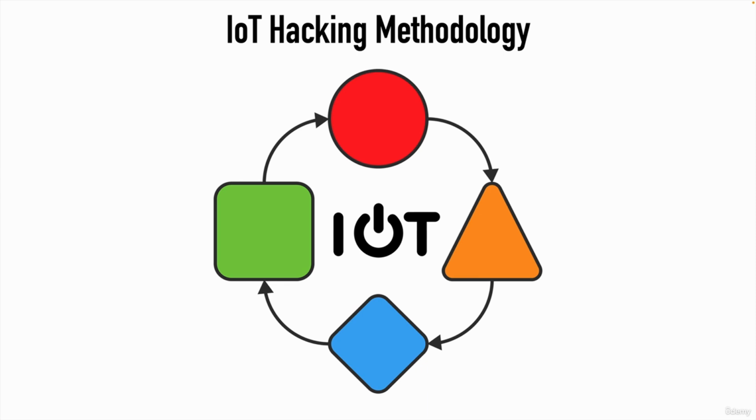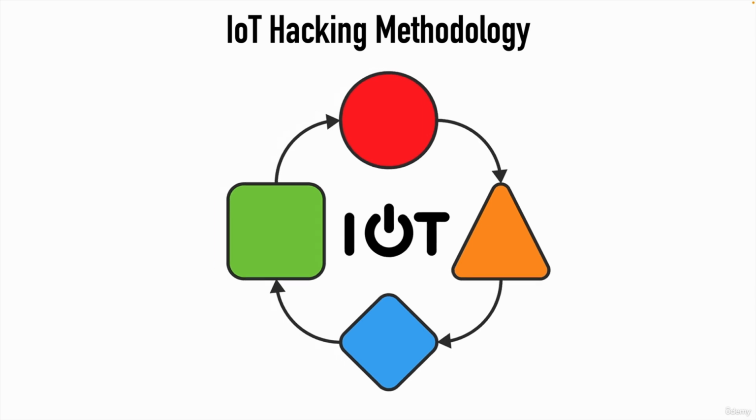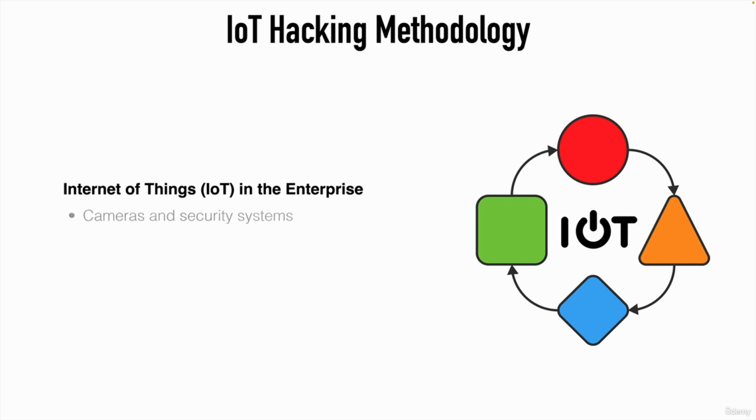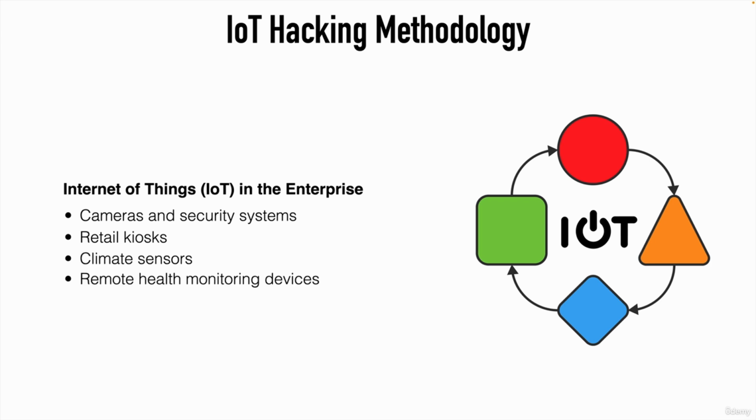We've been talking about IoT devices from the perspective of maybe the typical home user primarily so far, but I also want to point out a few places in the enterprise that is considered to be IoT, things you may have not considered, which present a potential attack surface. Some of these include obvious things like cameras and security systems, but that could also be things like retail kiosks, humidity and temperature sensors that are commonly found in server rooms, remote health monitoring devices found in the healthcare industry.